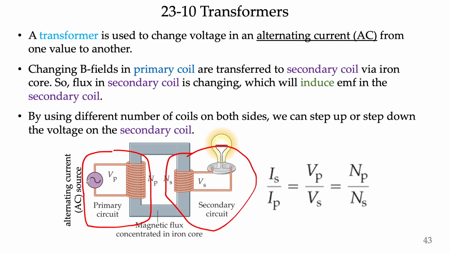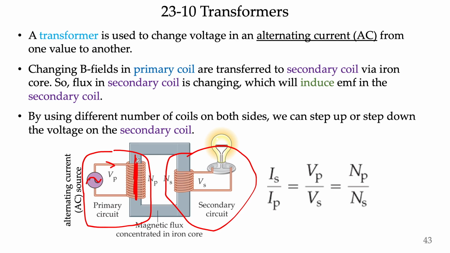Now, what happens is there is this AC source here, so it creates some current here, and that current is creating magnetic field lines moving up or down in this picture all the time. What happens if magnetic field lines are changing all the time? Well, the flux changes, right? So some back EMF will be produced here, but that's not what we're interested in.